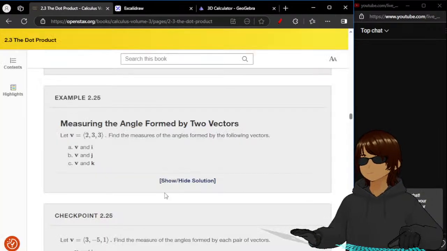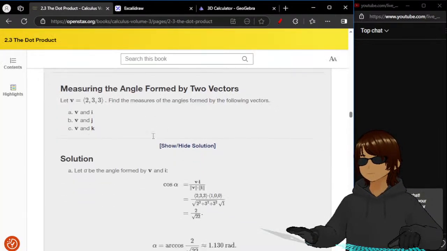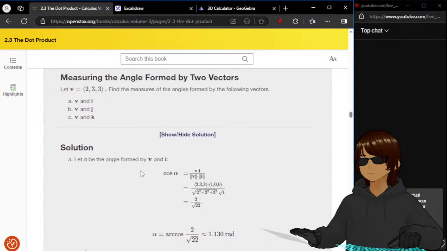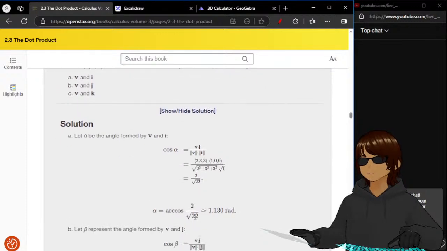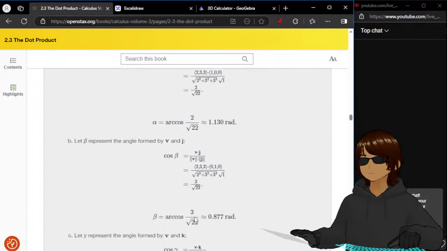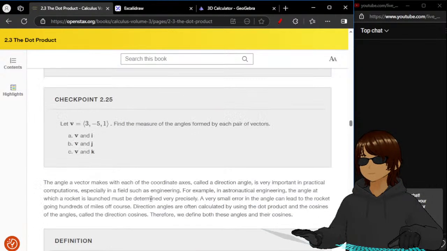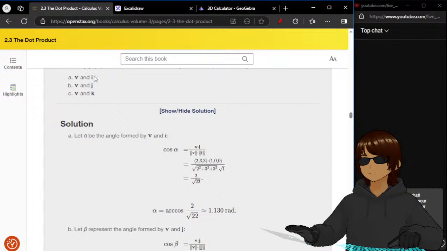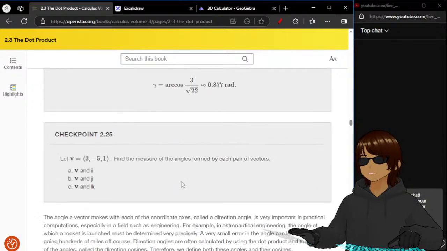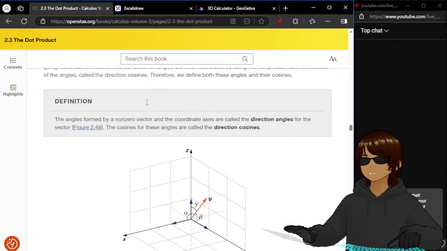Anyways, it's 64.76 degrees. Yeah, they got arc cos 2 over root 22. Well, I only measured the angle with I, but for J and K, it's the same process.